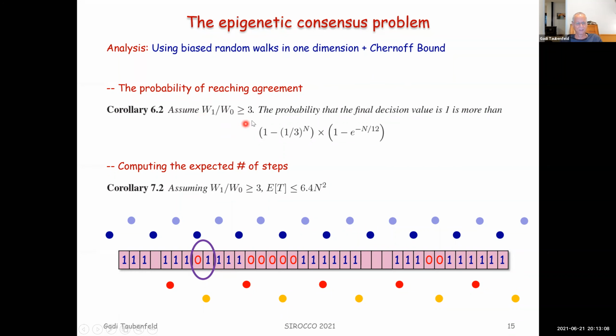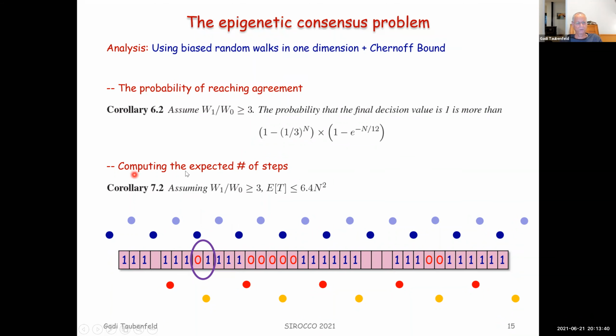For example, if we look at the ratio of 1 to 3, so let's assume the bigger group, say the one group, is 3 times bigger than the other group or more, then the probability that the final decision value is 1 is more than this expression, where n is simply the size of the array. Okay, so we get what we want here.